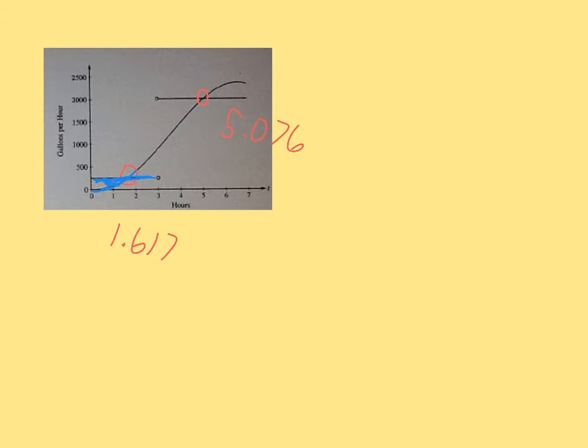So from 0 to 1.617, there's more water leaking out than is being added. That line is above f of x. So at this point here, the water level is decreasing. Now, as we go at this point up to 3, we see that the rate of water entering is higher than the rate leaving, so now the water level is going up.